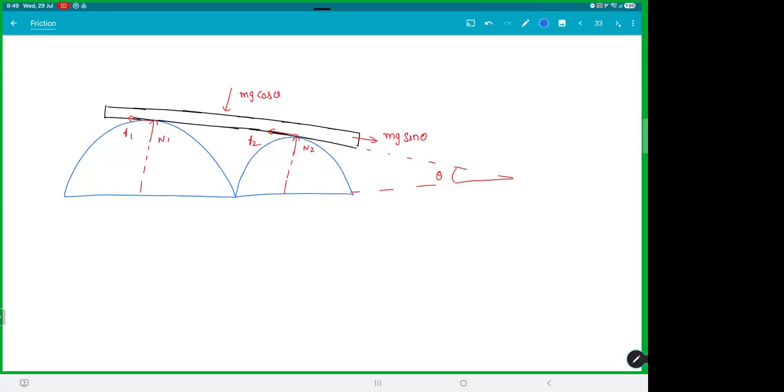Since we want the minimum radius, friction has to be maximum. It is on the verge of slipping. And the frictions have just become maximum. So therefore, F1 and F2 are max.